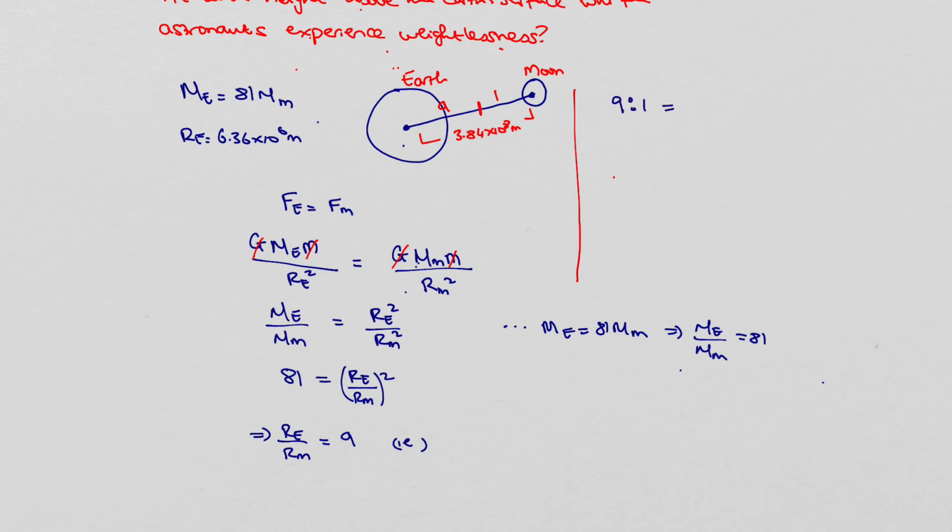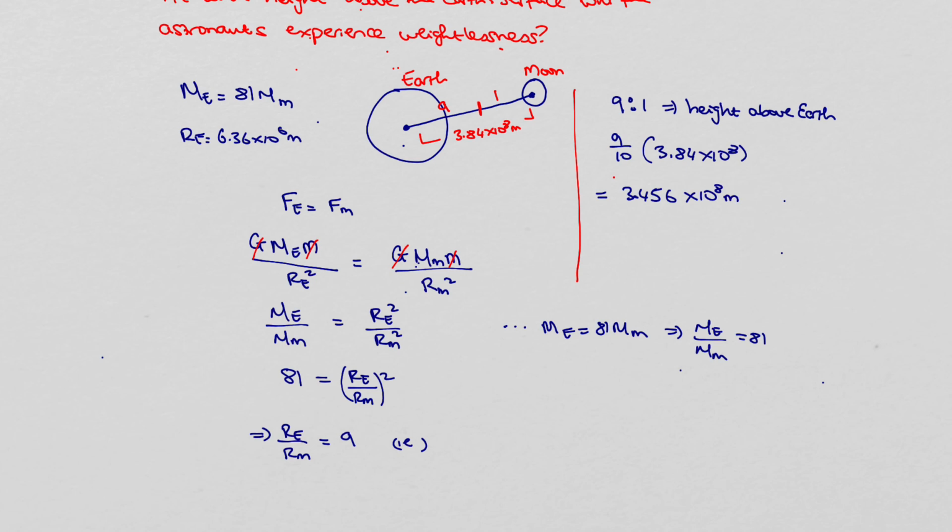And therefore, the distance from the centre of the Earth is basically 9/10 of the distance between the two centres. And the two centres is 3.84 by 10 to the power of 8. So if I get 9/10 of that, I get 3.456 by 10 to the power of 8 metres.